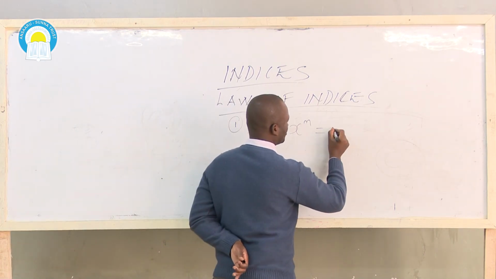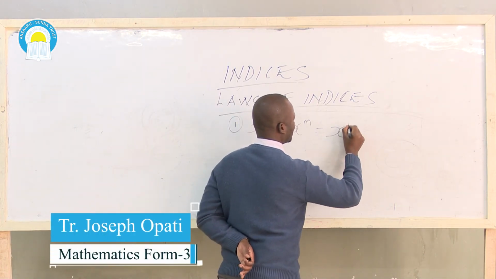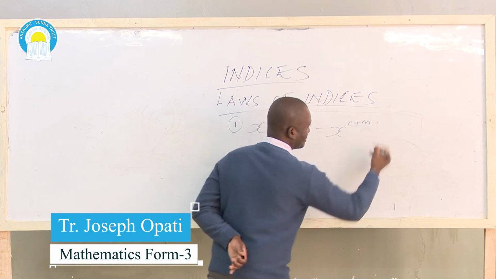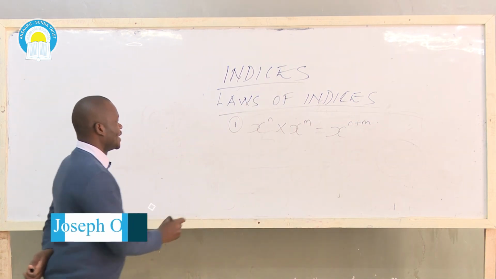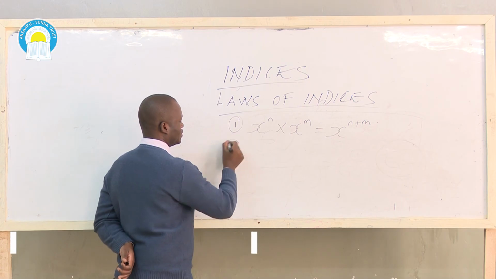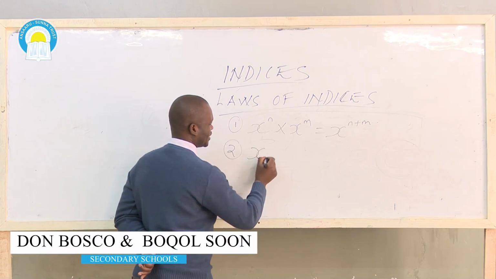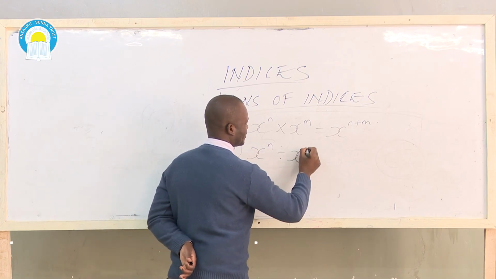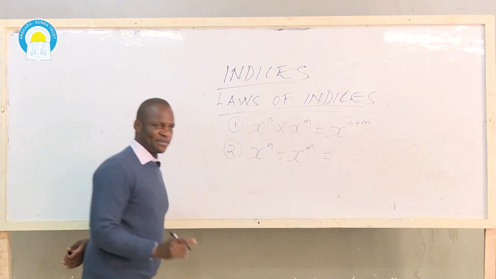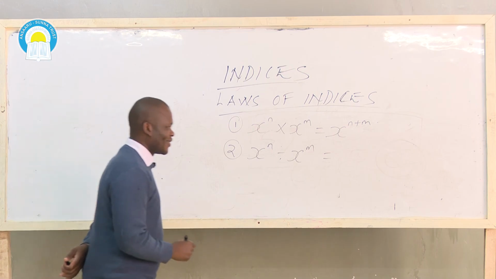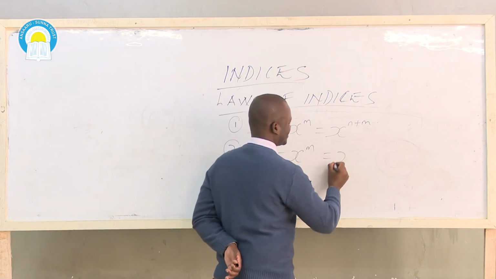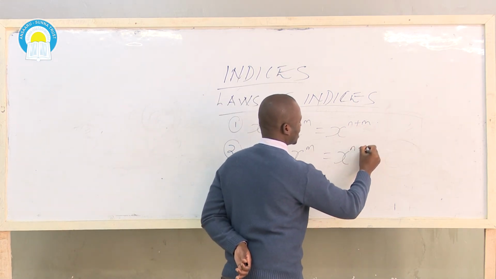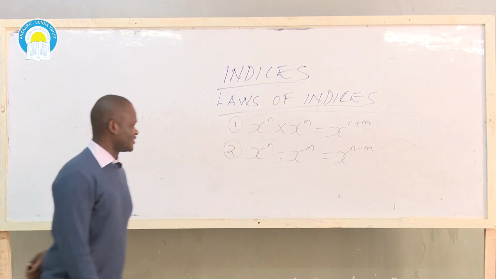What should be the outcome here? You add the powers. Law number 2 was in regard to what? Division of numbers having what? The same basis. What do you do here? We are saying you subtract the powers.